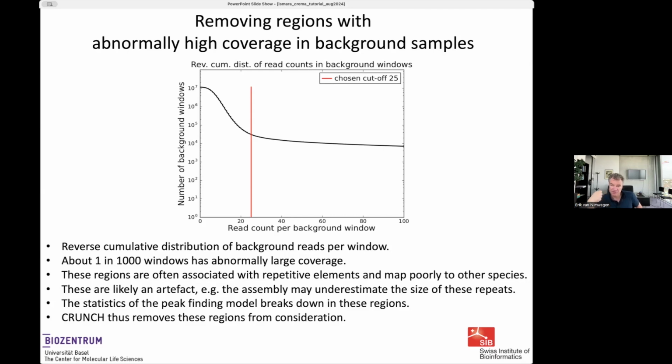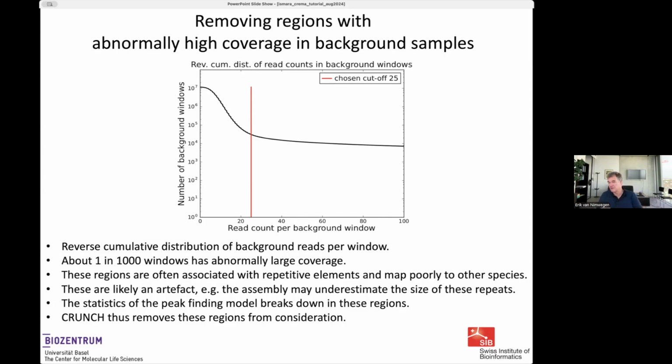And we strongly suspect that the high density of reads in the background in these windows is an artifact of the fact that the genome from which you're getting the data and the assembly of the genome that you're mapping to are not the same.